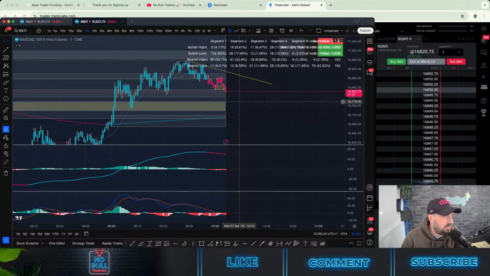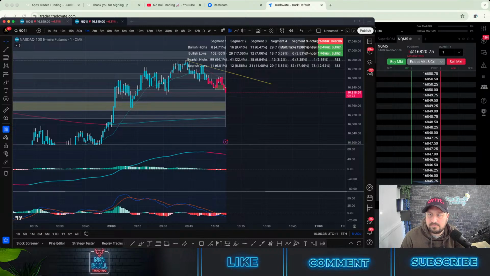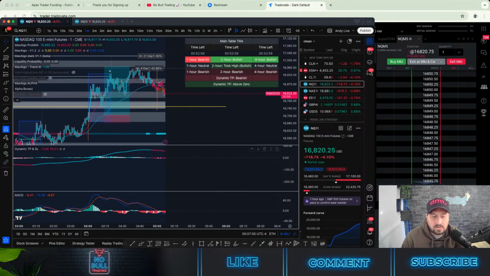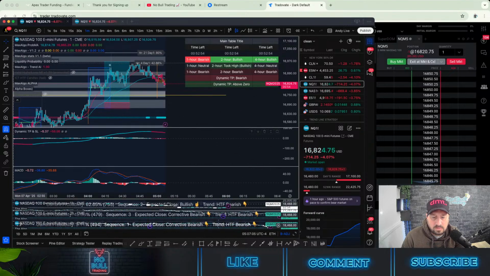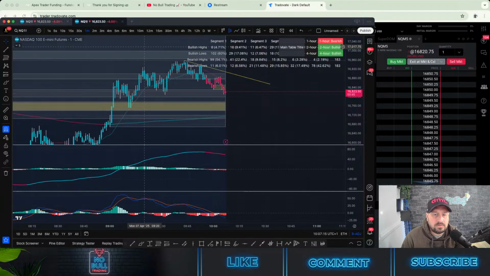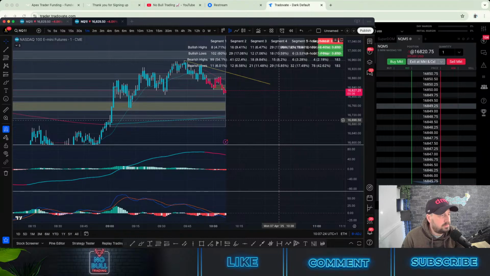Right, I'm just looking to see if we can take it back down to the 4 hour now. Is it cheating if I use the algos as well? Four-hour corrective bearish. Nice rejection.